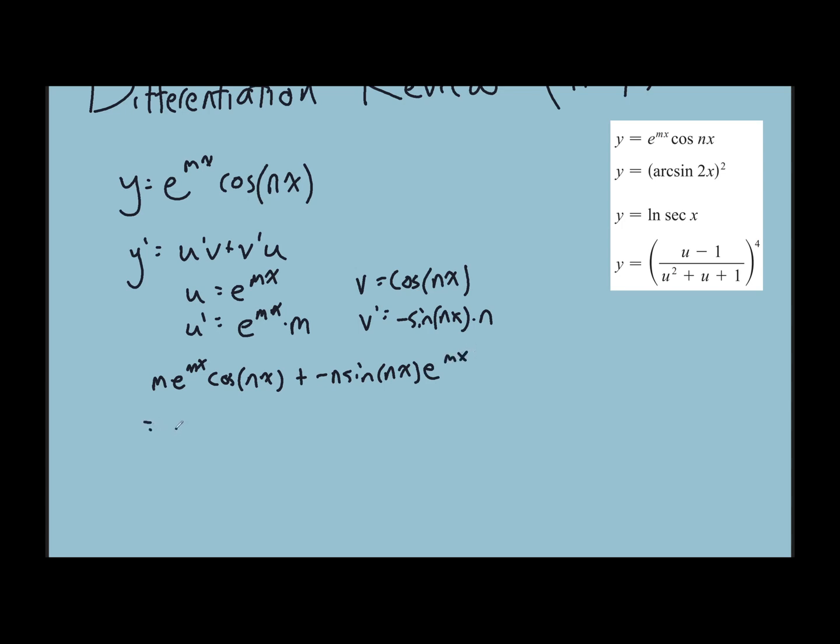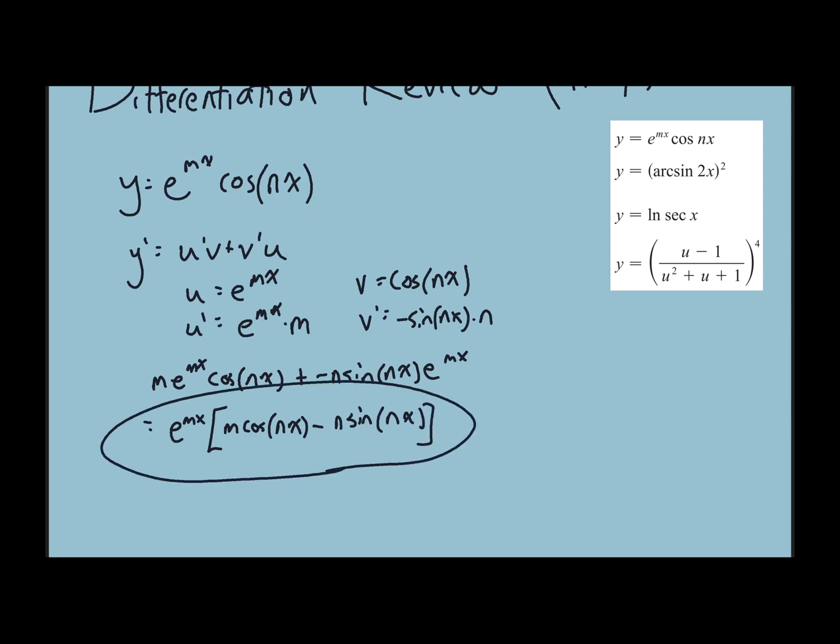Now let's take the e to the mx out, since it's in everything. We can do m cosine of nx minus n sine of nx. And that's that one.